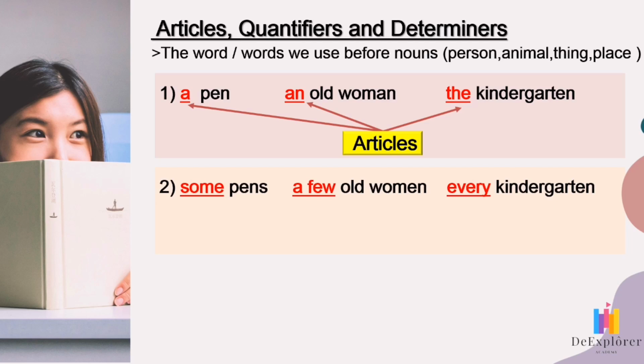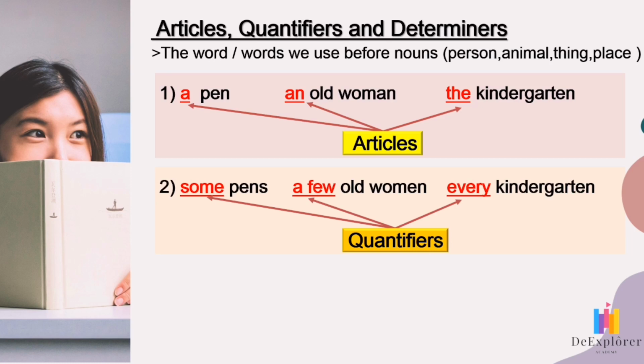Other examples. Okay, number 2, you have some pens, a few old women, every kindergarten. The word some, a few, and the word every, they are called quantifiers.